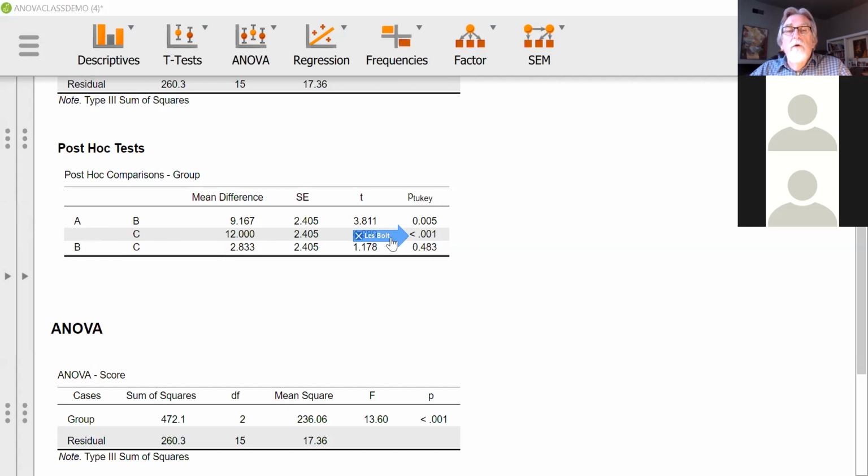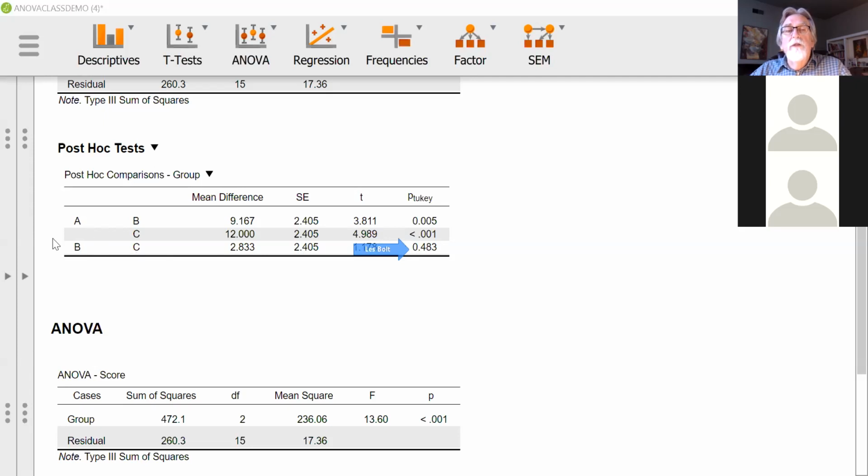But if you look at the difference between groups B and C, you see that this is not significant. It's not less than 0.05. So there is no significant difference between B and C.